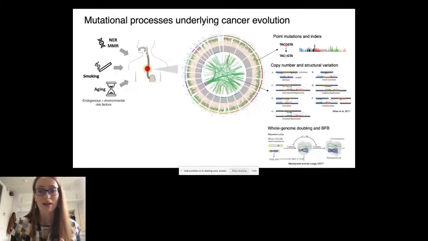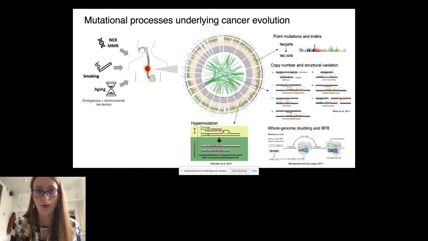So there are cases where the entire genome is doubled, or cases where you have breakage fusion bridge cycles, where certain chromosomes are broken and then fused together, and this leads to a lot of inversions and amplifications in the genome. There are regions that are hypermutated, meaning that they accumulate an unusually large number of mutations, and this process we call contagious.